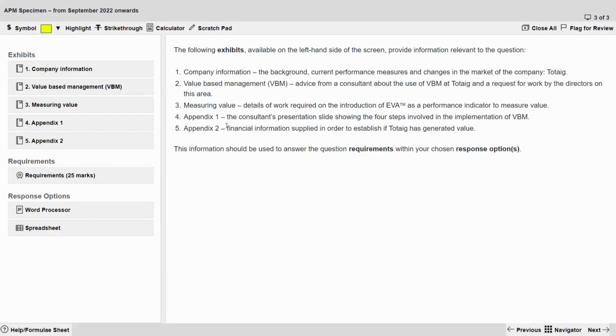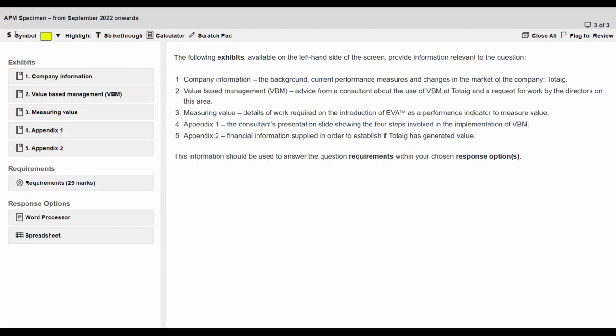It's on the CB practice platform, APM Specimen from September 22 onwards.